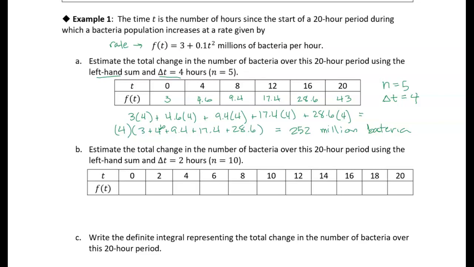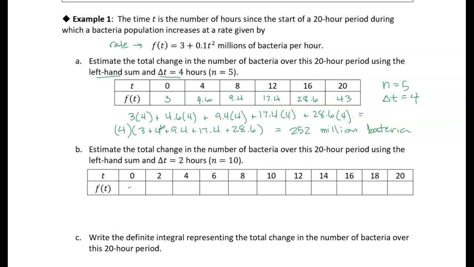Now this is just doing the same thing, finding the left-hand sum, only now we're breaking our interval into 10 increments, where the change in time is 2. The delta t is 2 for each interval.